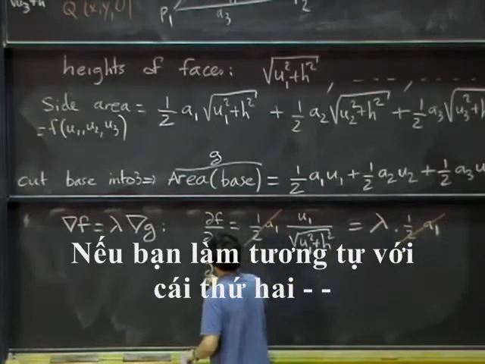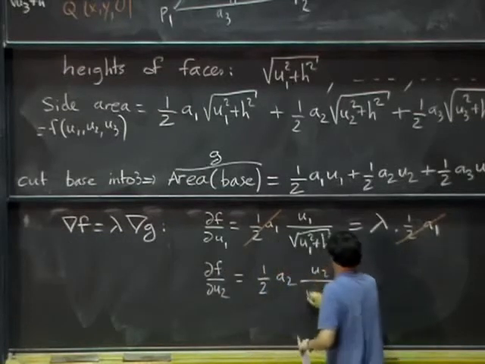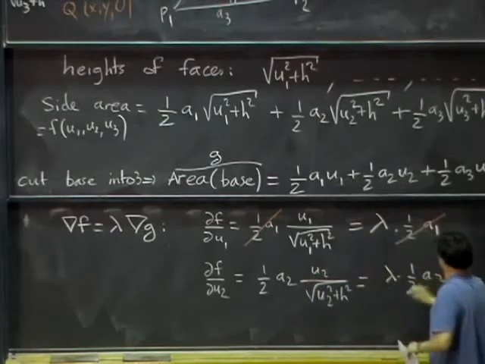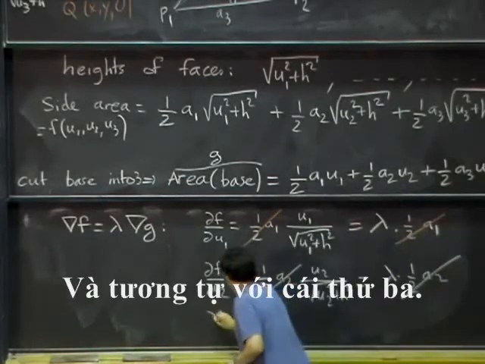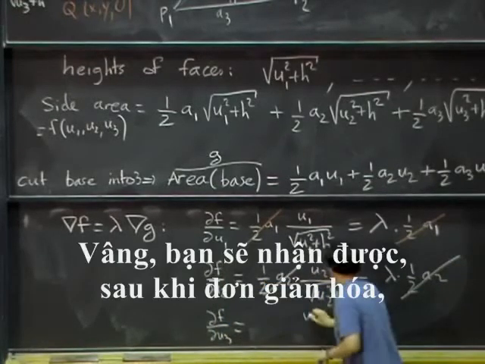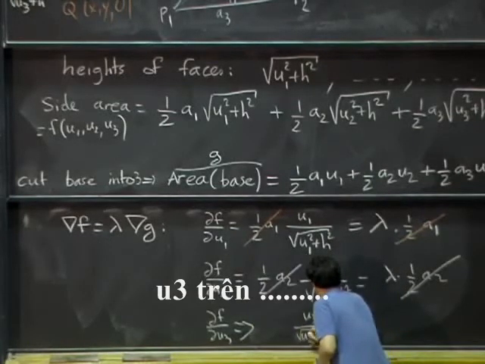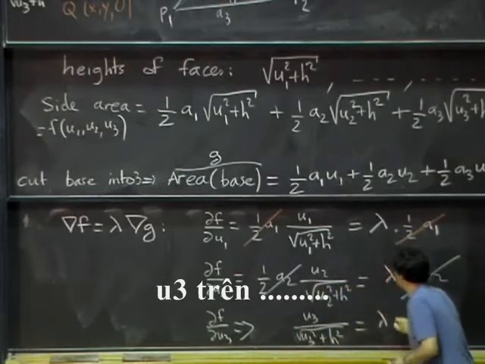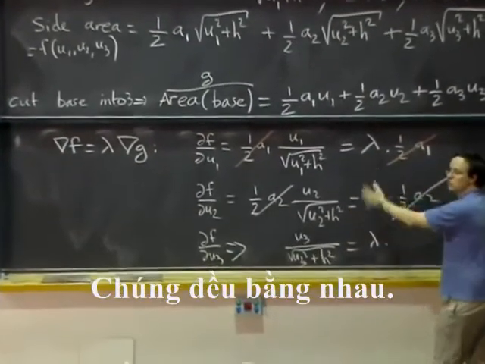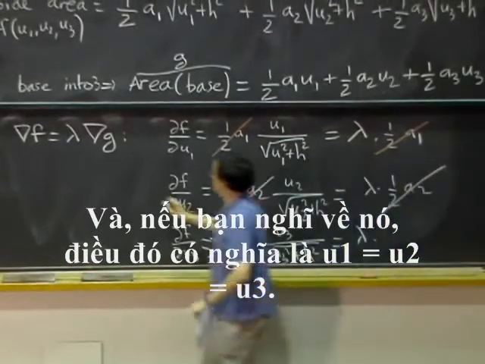Okay, if you do the same with the second one, things simplify again. And same with the third one. Well, you will get, after simplifying, U3 over the square root of U3 squared plus H squared equals lambda. So now that means this guy equals this guy equals this guy. They're all equal to lambda. And if you think about it, that means that U1 equals U2 equals U3.